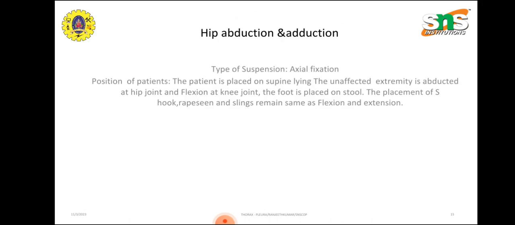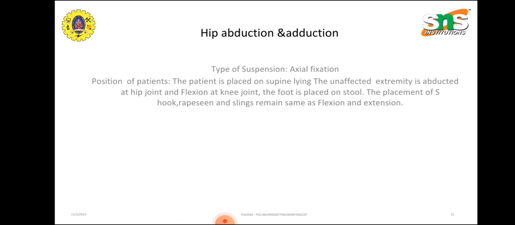Then hip abduction and adduction, with axial suspension. The patient is placed in supine lying. The unaffected leg is abducted, with the hip and knee flexed and the foot resting on a stool. Then the S hook is placed directly above the joint of the moving segment on the suspension frame.